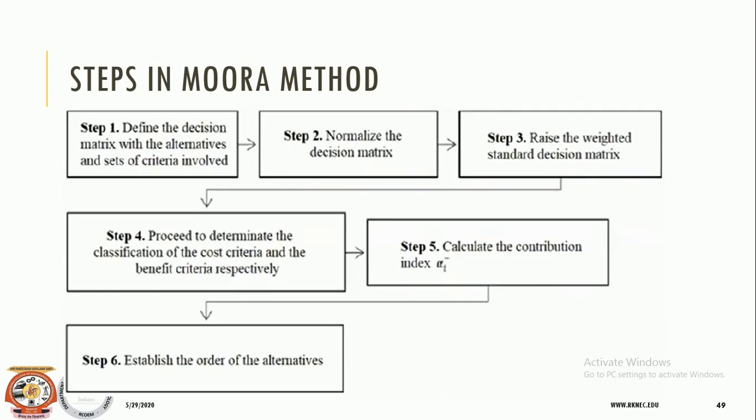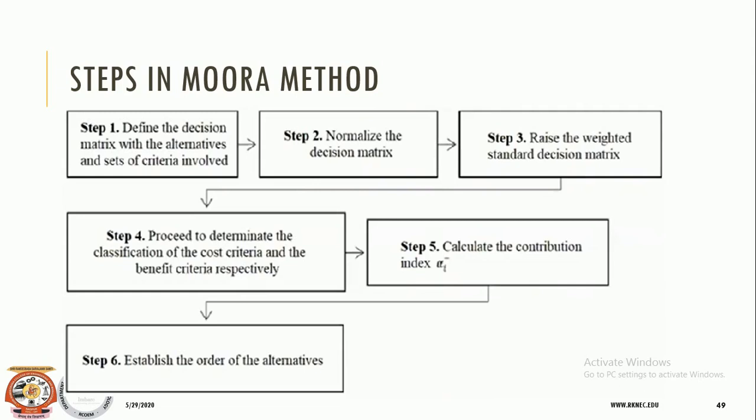Step 3 will be to raise the weighted standard decision matrix, which we have. Here also we will be following the same process, that we will be having the equal weighted matrix. Every criterion will be having the same weight, that is 0.2, 0.2, 0.2. Step 4 will be to determine the classification of cost criteria and benefit criteria respectively.